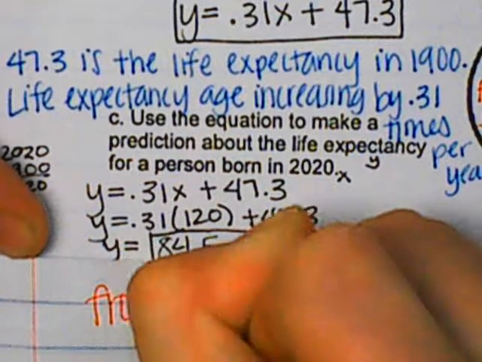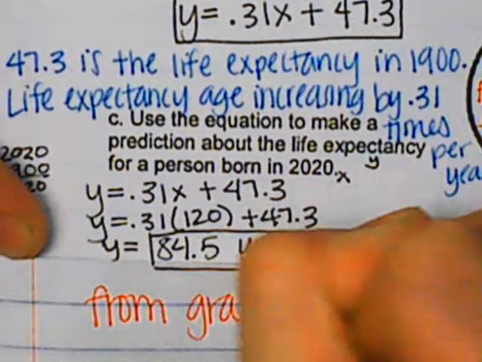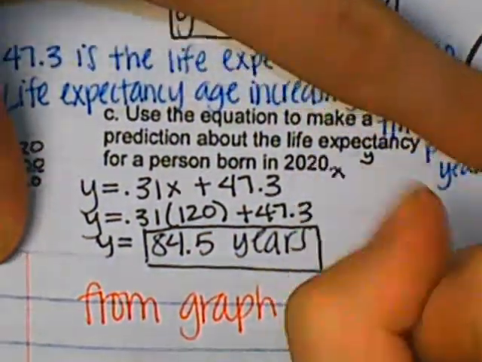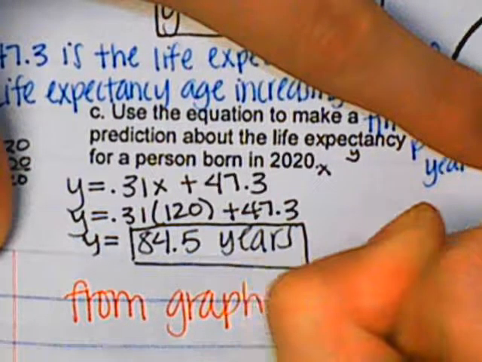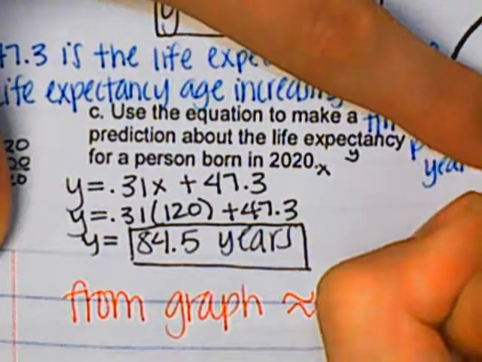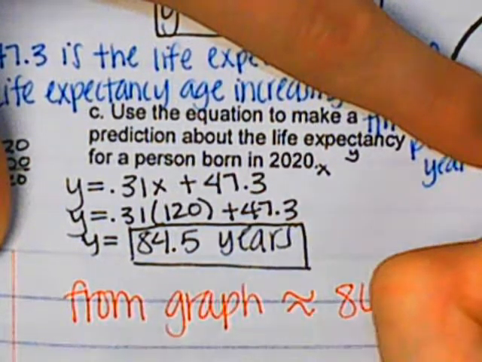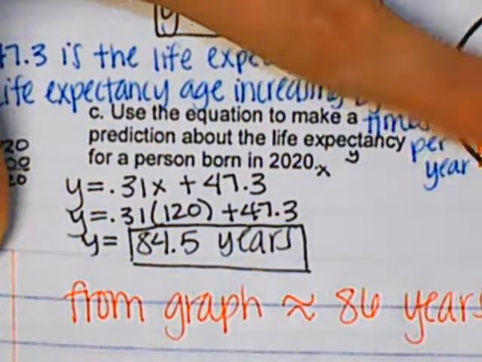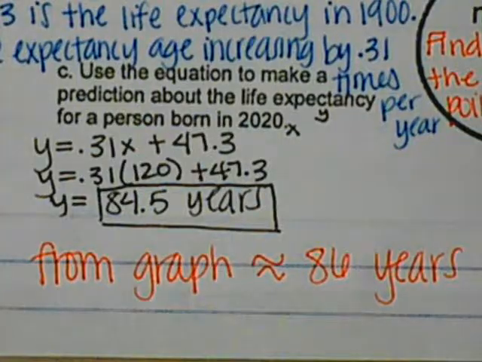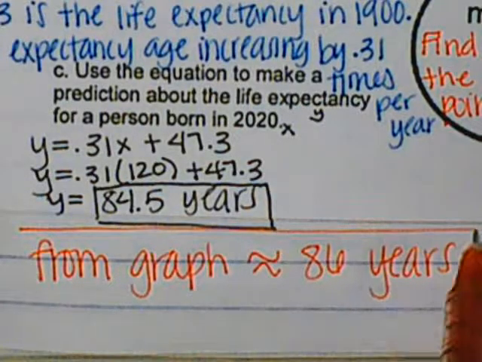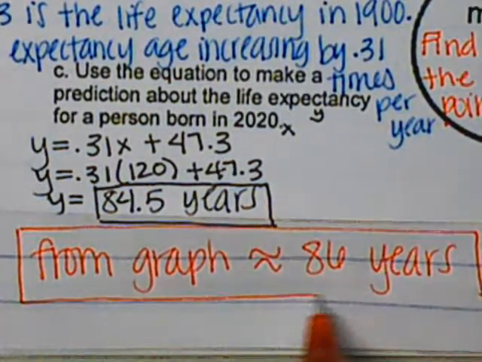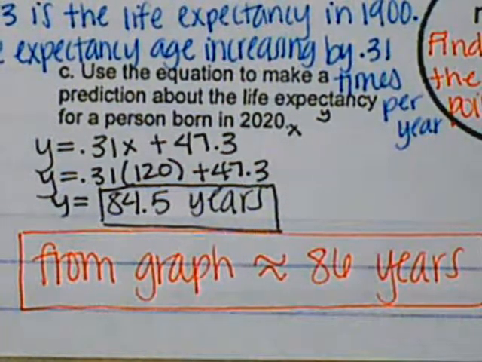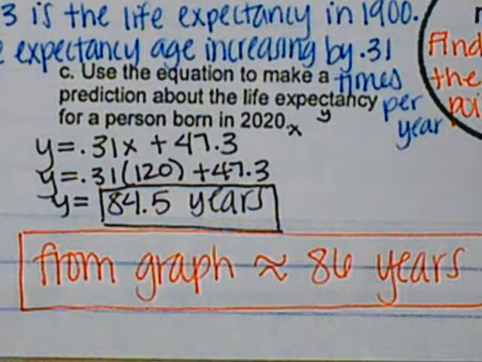So from the graph, it's about 86 years. These are pretty close together. They're both reasonable conjectures.